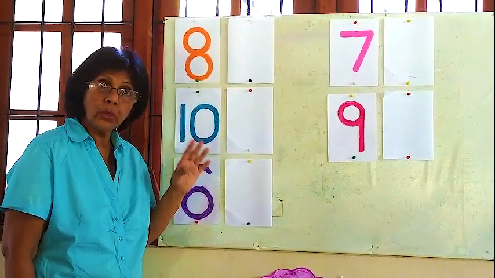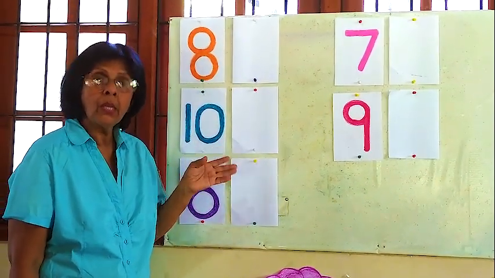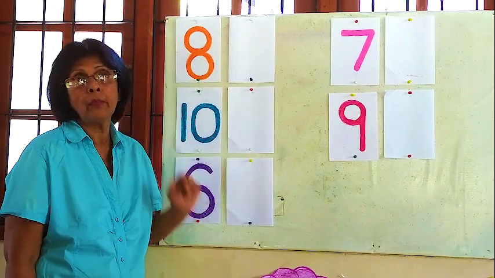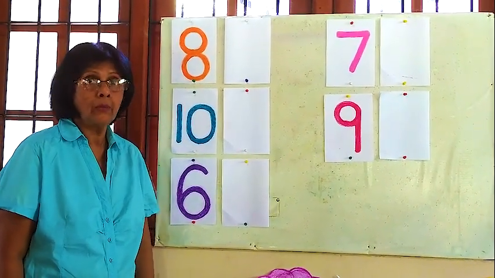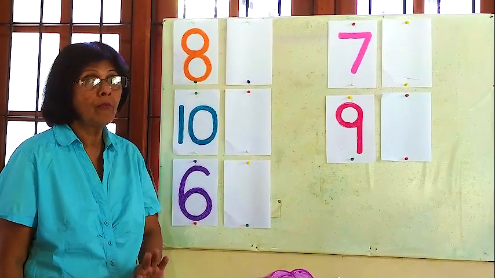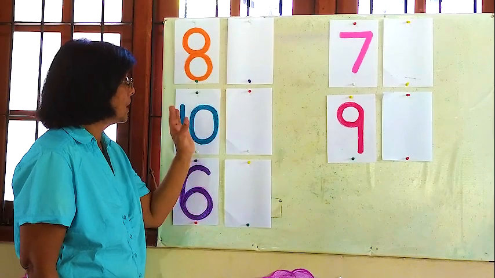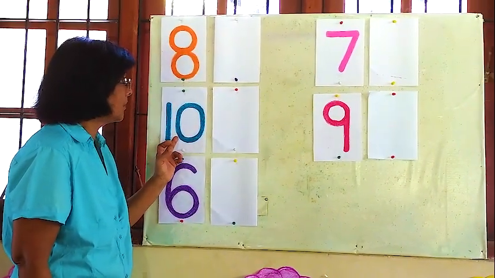Now we know the numbers and we have to identify the number and draw the values. In the previous lesson we did 1 to 5. Now here the numbers go up to 10.